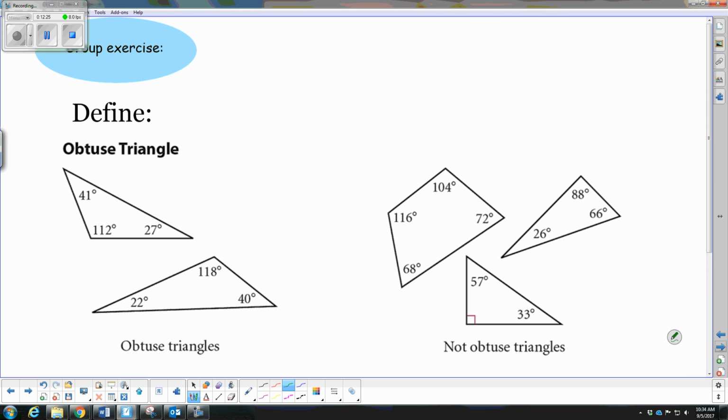Take a minute to look at the obtuse triangles and the non-obtuse triangles. An obtuse triangle is a triangle with one obtuse angle.